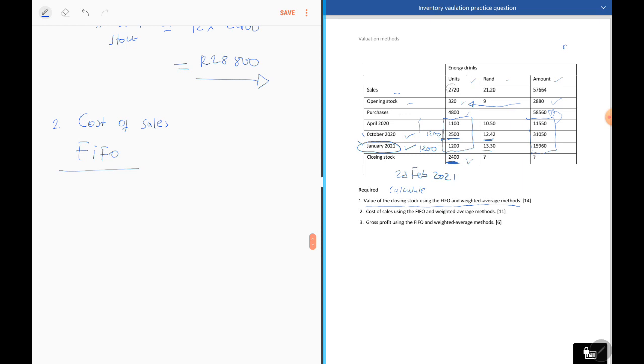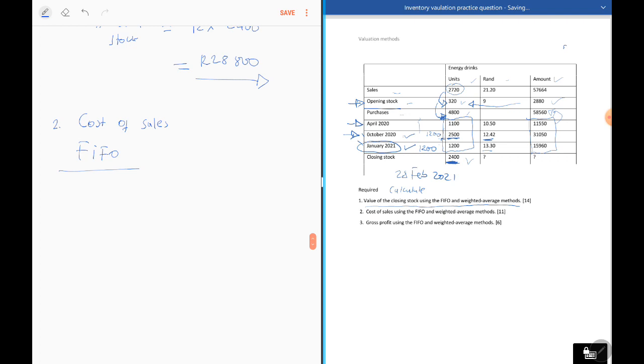You have your number of items, so 2,720. So you can also work backwards to say that this 2,720 consists of items from here and items from here. Okay, this is the total. So guys, it consists of items from opening stock, and items from April, and items from October.